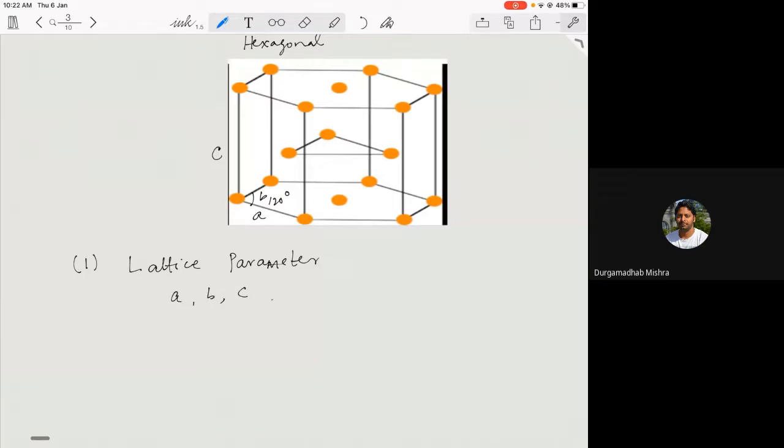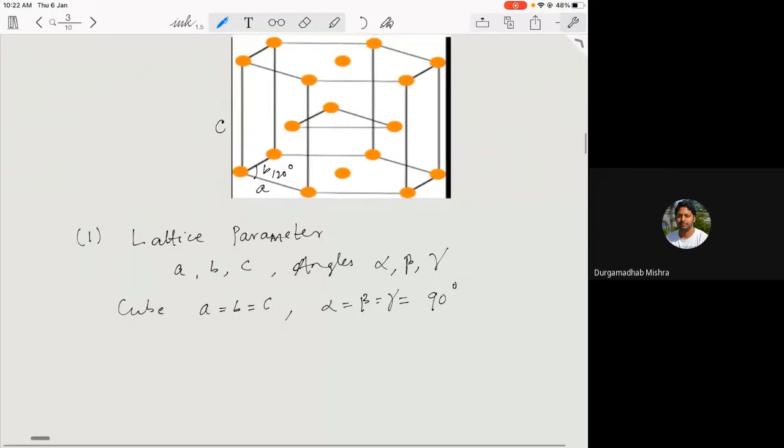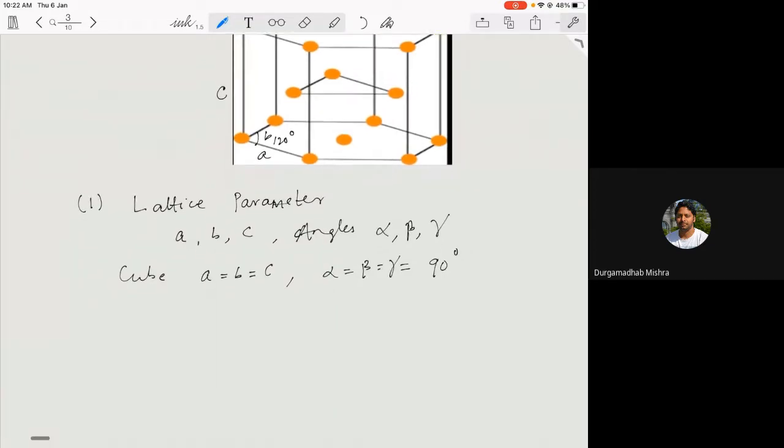So A, B, C, and the angles alpha, beta, and gamma. If you take a cubic lattice, for a cube A is equal to B, that is equal to C, and alpha, beta, and gamma, the angles, would all be 90 degrees. That is quite straightforward. If you take, for example, the hexagonal HCP lattice, A will be equal to B and C will be different.